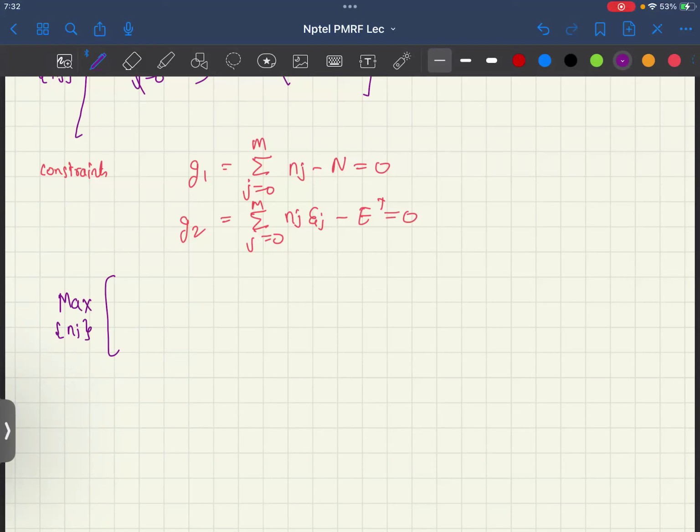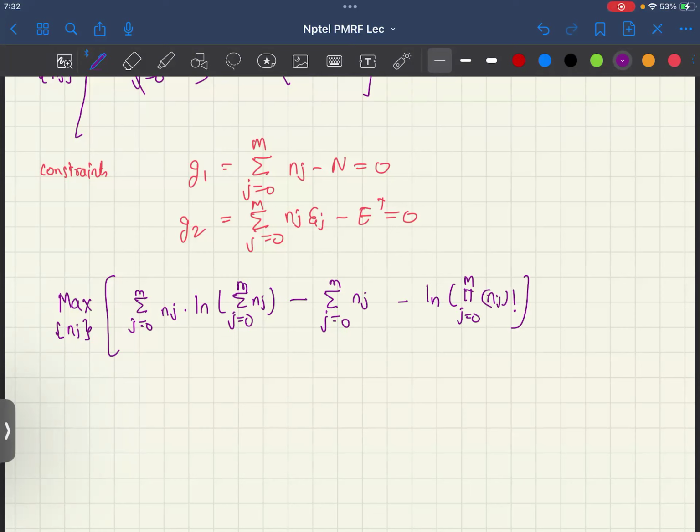Stirling's approximation, right? So what we get: summation j equals 0 to n of nj into ln of summation j equals 0 to n of nj, minus summation j equals 0 to m of nj, minus ln of product j equals 0 to m of nj factorial.